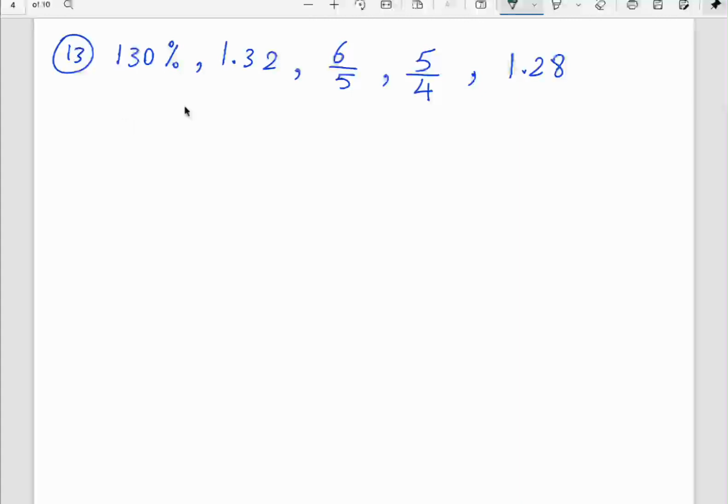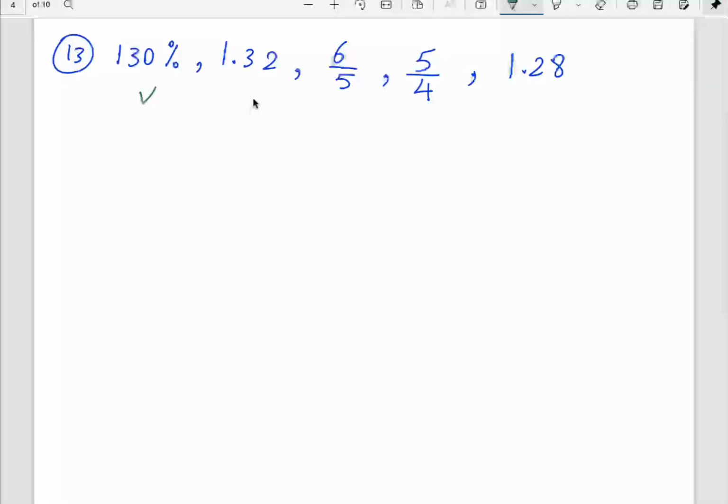Okay, Diya, you should tell me what you are going to do. Are you going to write the numbers as percents or decimals? Percents. Okay, go ahead.